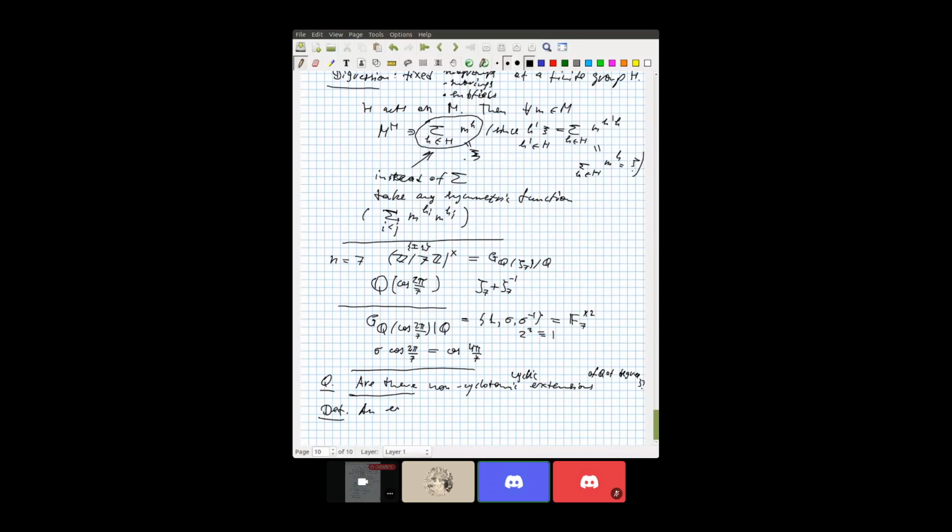An extension of K is cyclotomic if it is contained in K adjoined certain roots of unity.